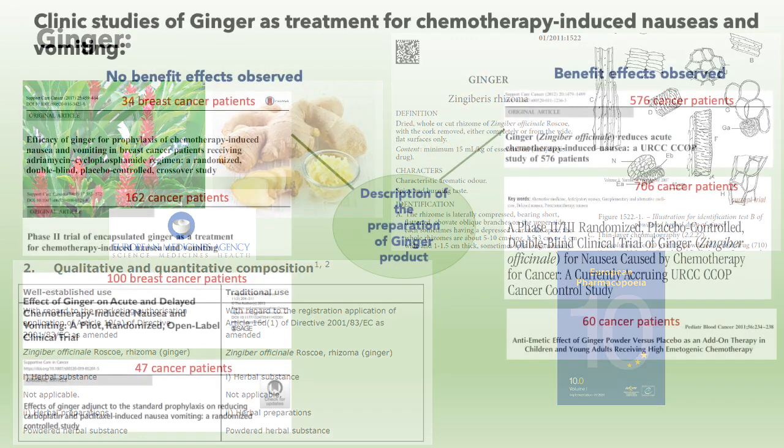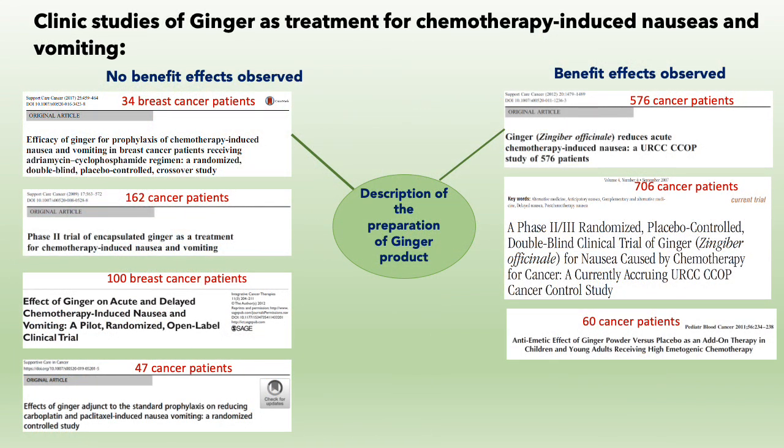And here is one of the studies I have conducted: the clinical study of ginger as treatment of chemotherapy-induced nausea and vomiting. I have studied more than 20 literature studies, but here I put those with no benefit observed and those with benefit observed.